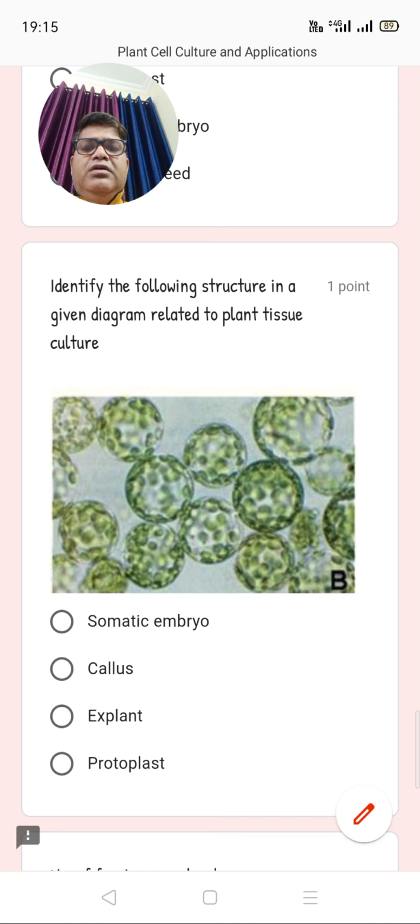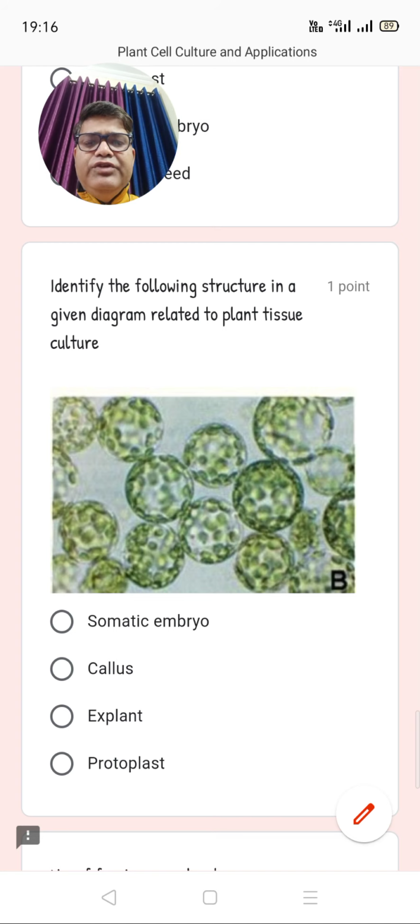So if you observe the choices: Somatic embryo, Callus, Explant, Protoplast. Protoplast means a cell without a cell wall.